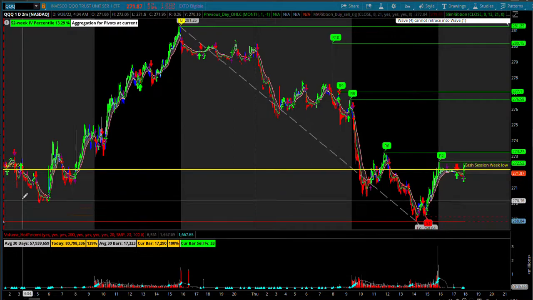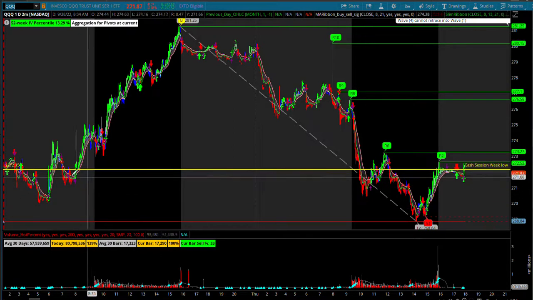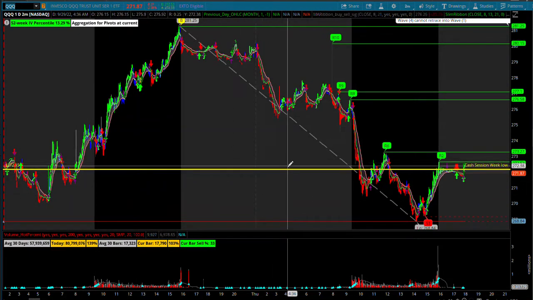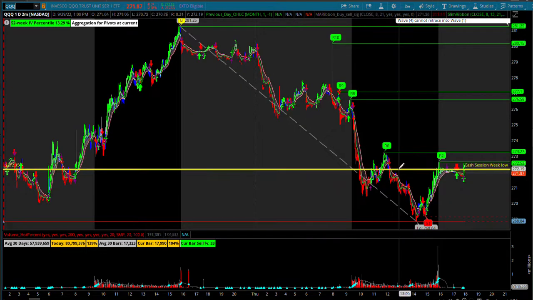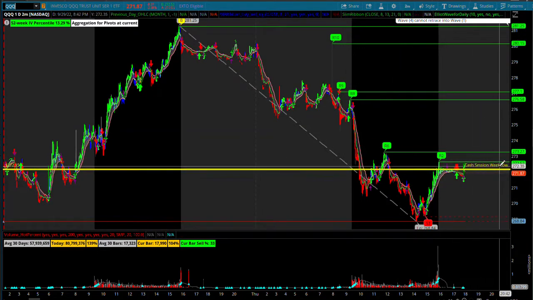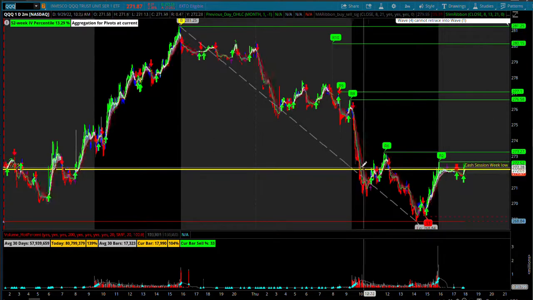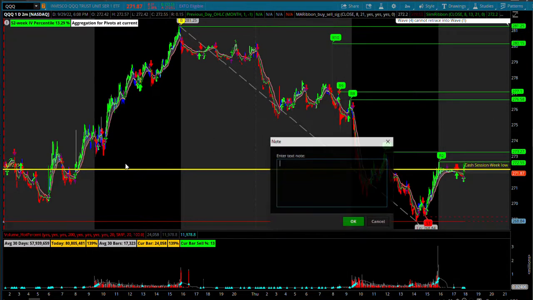What I had identified, I was getting in the Qs. Coming into today, this line right here represented the cash session week low. So this week's cash session week low was right through here. But we had already put in a lot of overnight inventory below that.